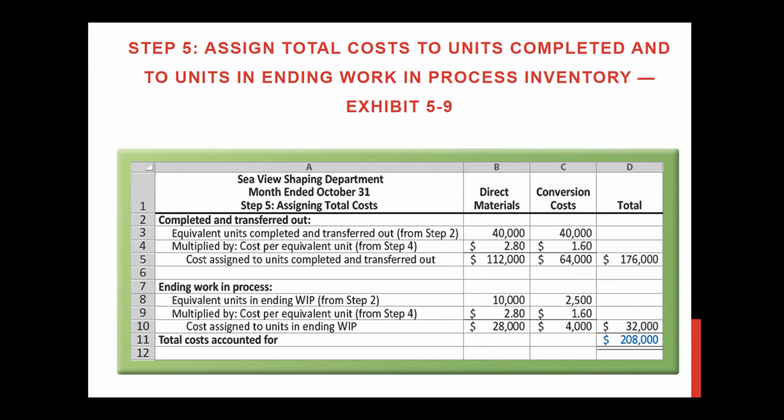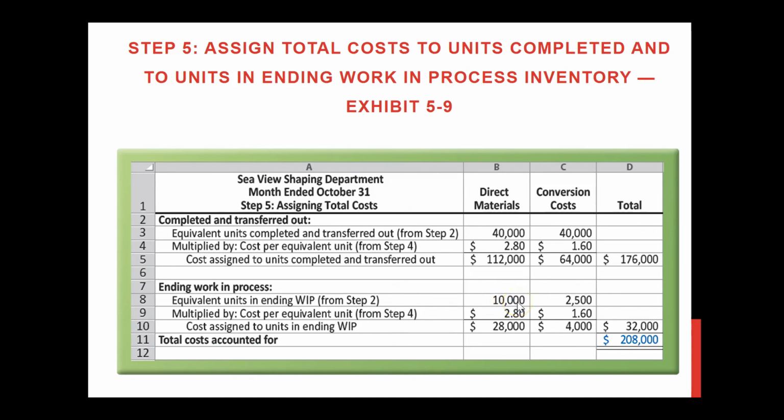For direct material, all the direct materials are added at the beginning of the production process. That means for those unfinished products, 100% of direct material costs are already incurred.